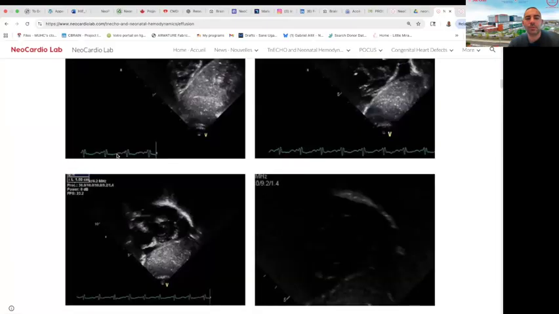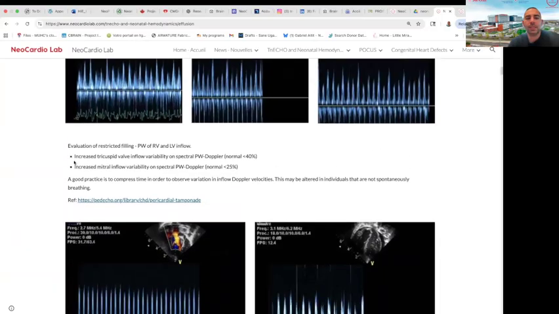So you have multiple examples, but one of the criteria is what we call variability: when you're breathing, you have some degree of variability of how the flow is coming to fill your different ventricles. You're not supposed to have severe or extensive variability. When you start having extensive variability, I don't know if you remember the pulsus paradoxus, it's a correlate to that.